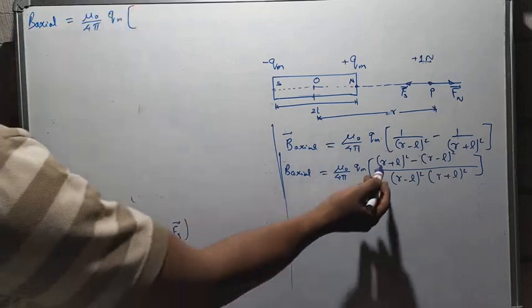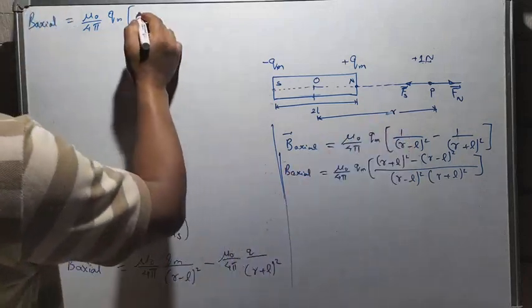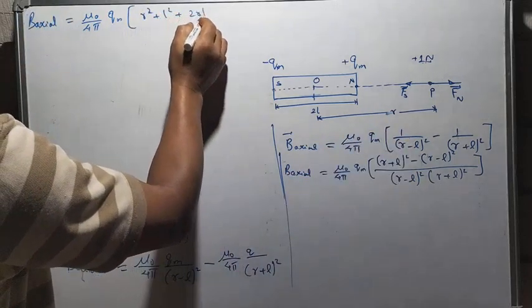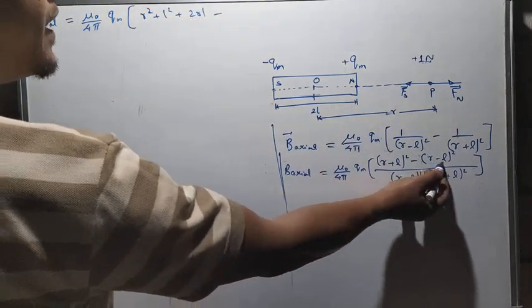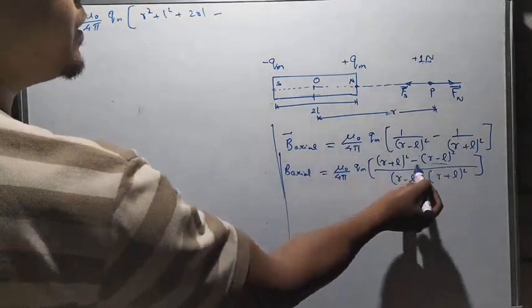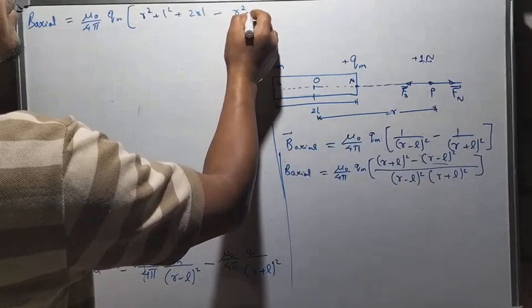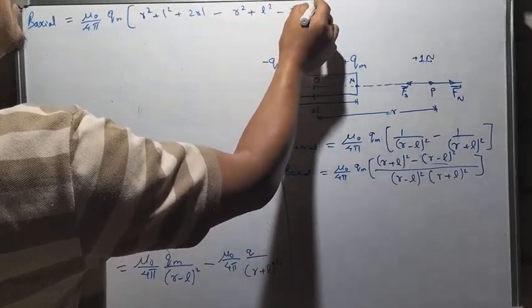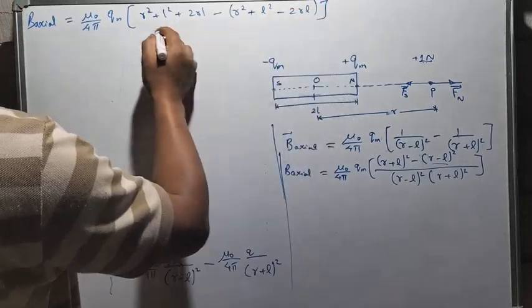Applying the formula (a plus b) whole thing squared, you'll get a squared plus b squared plus 2ab. Minus, similarly, applying the formula (a minus b) whole thing squared over here, you will get a squared plus b squared minus 2ab. But this is in the bracket.